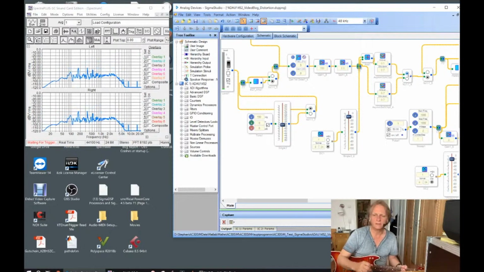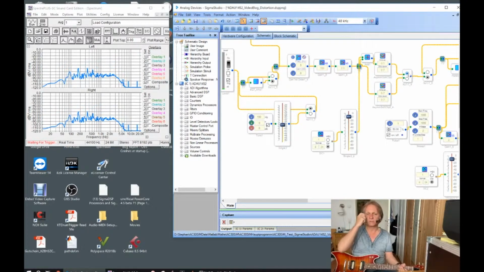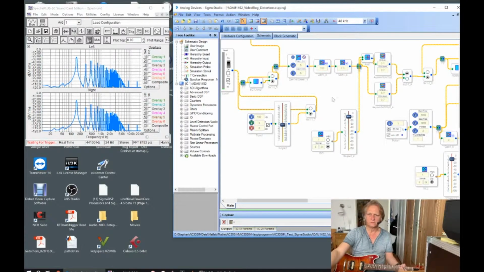It's astonishing how small the differences are. When you look at the spectrum, again, you see big differences. You could even hear some things. It's more noisy, more full.